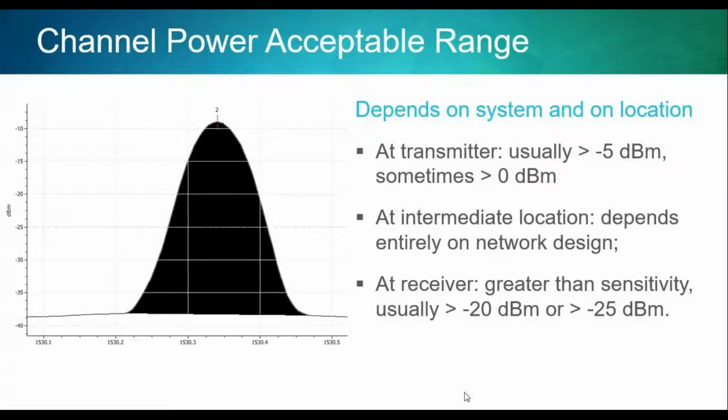At the receiver end, the sensitivity will be around minus 20 dBm or minus 25 dBm or greater than that. So it's really important to understand the tolerances your system has, and to determine, at the test point, what type of power you should be monitoring at that point. Okay.